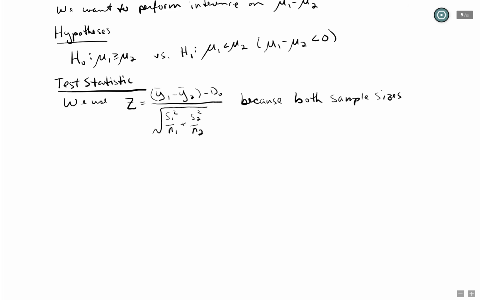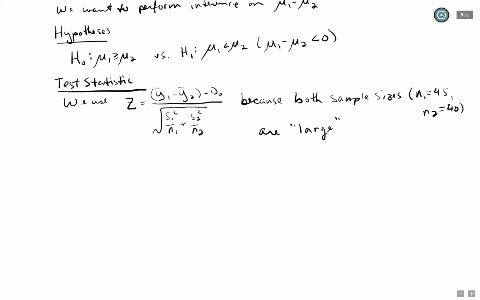And I didn't have to check or consider the normality or lack thereof of the two populations because the central limit theorem is kicking in for us here, because both sample sizes, that is n1 is 45, n2 is 40, are large enough. Okay, that is my test statistic there.